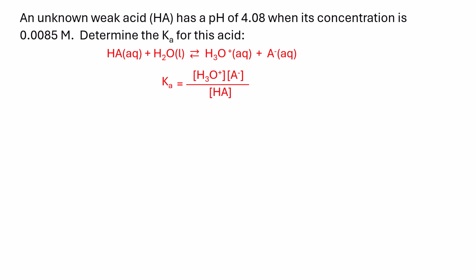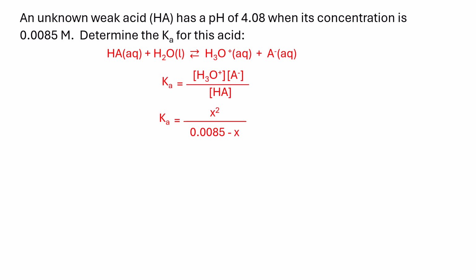It's just like the last problem, only we're replacing F minus with A minus and HF on the bottom with HA. Now we don't really have to do an icebox for this one because we pretty much already know that if we did an icebox, what we would find is that X would be my equilibrium concentration of hydronium and A minus, and they would be the same as one another, so it would just be X squared on top.